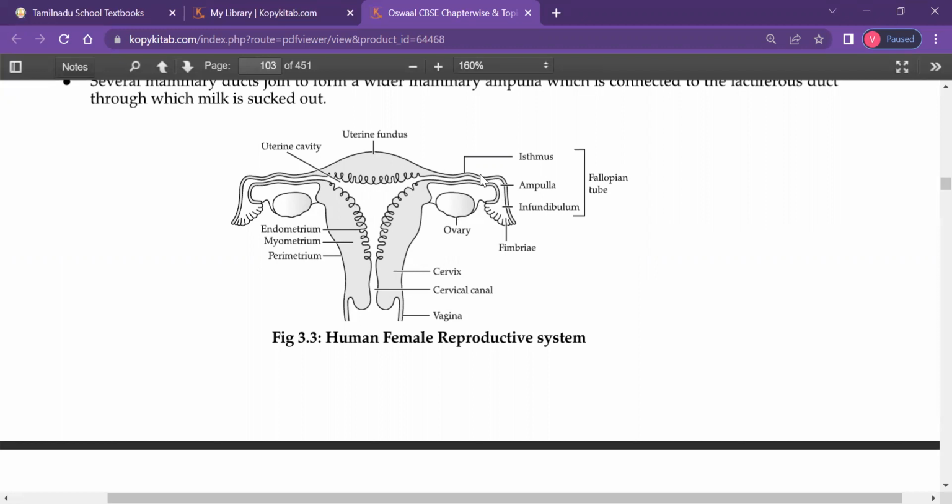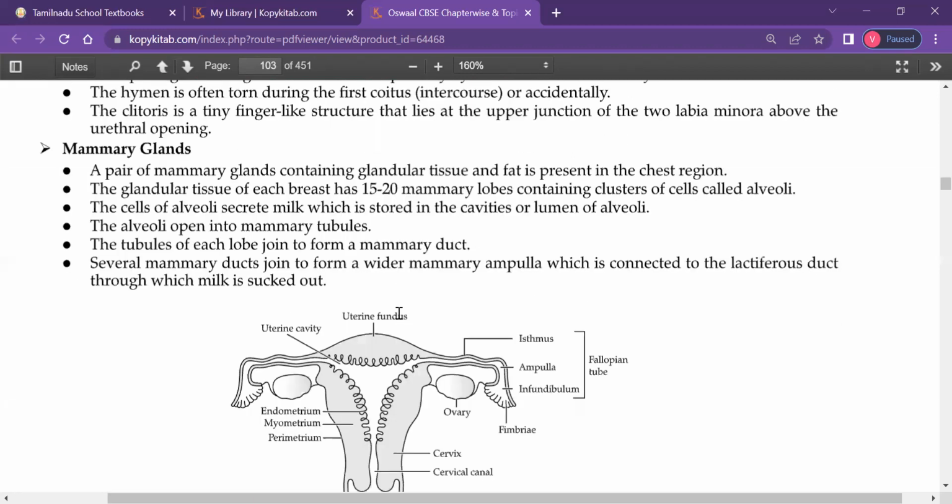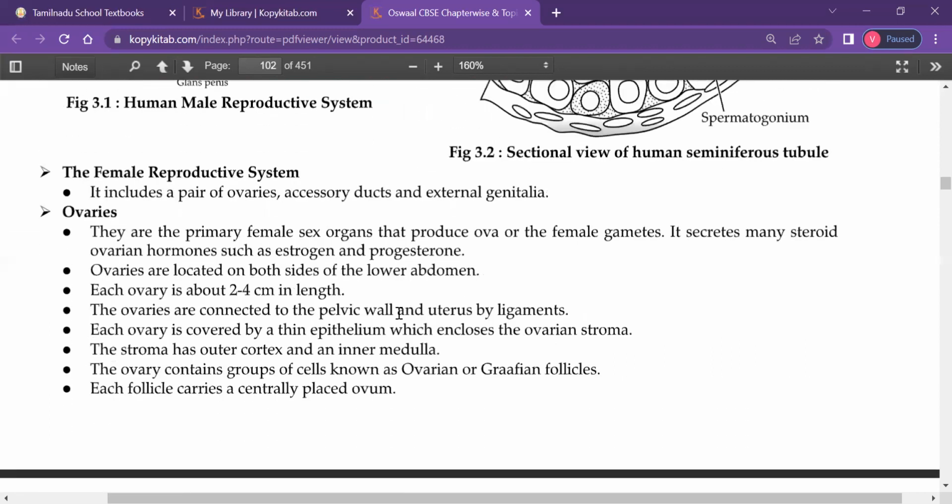It moves to the isthmus and settles here. Then cervix, cervical canal, vagina, endometrium, myometrium, and perimetrium. These will help in expansion and everything. We will come across it soon. So let's go into the female reproductive system.